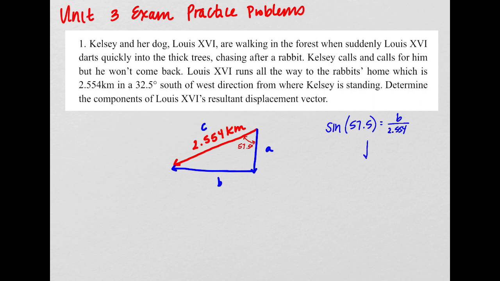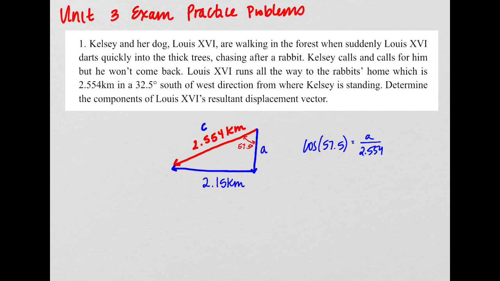Rearranging first and then plugging in, I find that B is equal to 2.15. And then I'm going to do cosine for A in order to solve for the magnitude of that. So here I'm going to do the cosine of this angle, theta. Theta is equal to the adjacent divided by the hypotenuse. And when I rearrange for that and solve, I find that A is equal to 1.37 kilometers.